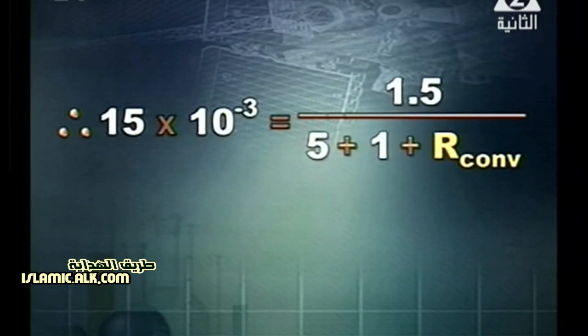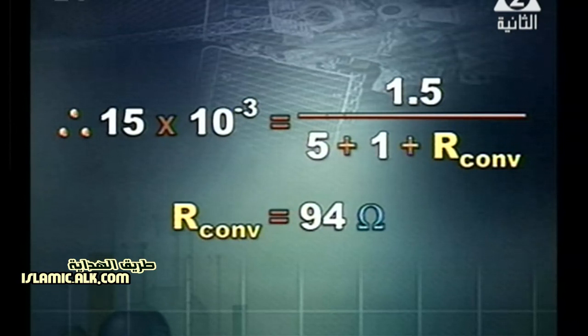So 15 times 10 power negative 3 equals 1.5 over 5 plus 1 plus R conversion. And this way, it's easy to obtain the value of R conversion, the resistance required to convert the galvanometer or the milliammeter into an ohmmeter. We need a resistance of 94 ohm.